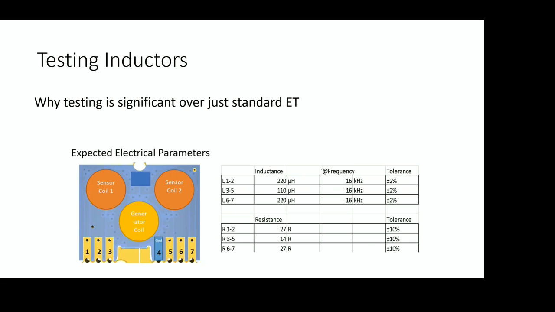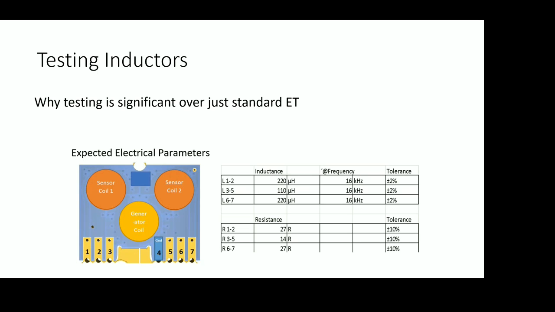Okay, Todd. So when we're just doing standard ET, I think in my mind it's straightforward, but I'll just explain a little bit about it. So if you have a coil and go around in a circle, especially if you're on the same layer, what happens if you have a short in the coil? Standard ET, you're not going to be able to detect that short. And because the trace is so long, probably not going to be able to detect any kind of difference in resistance, because it may be higher than whatever the minimum resistance you are testing that PCB for.